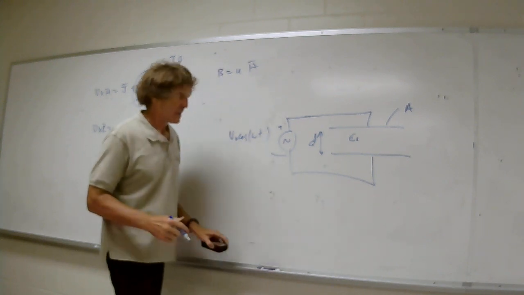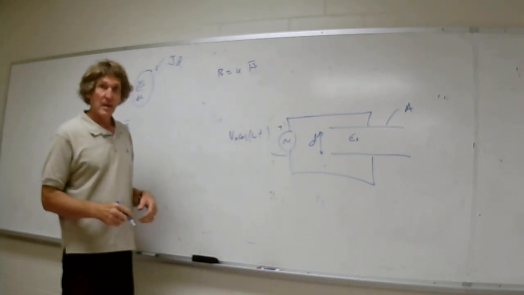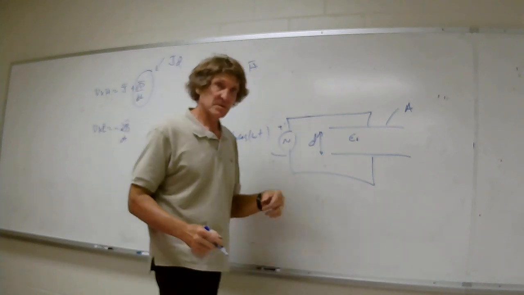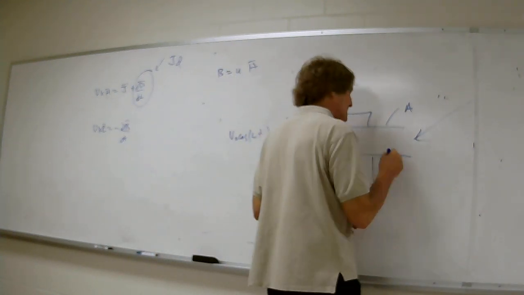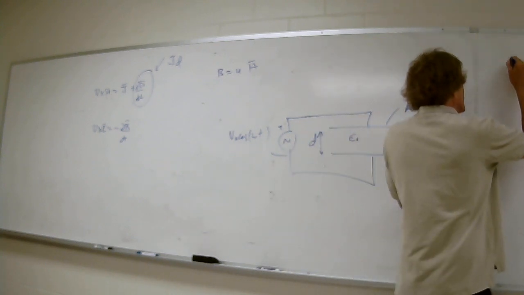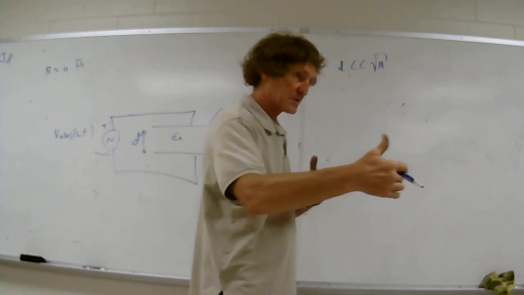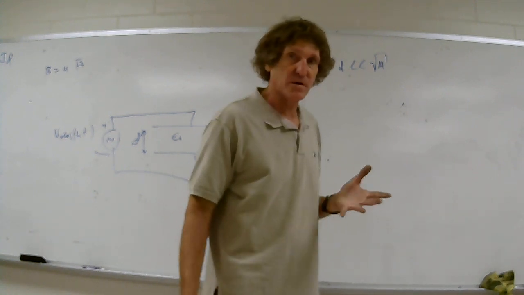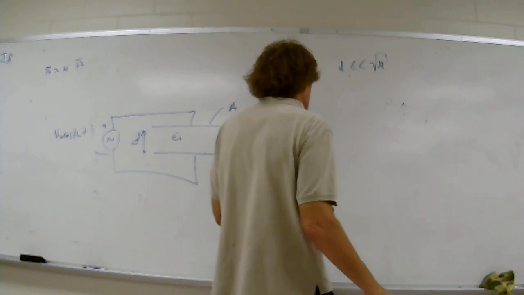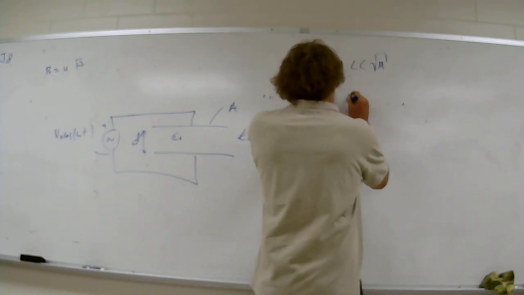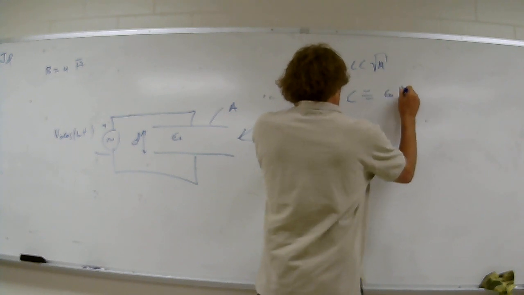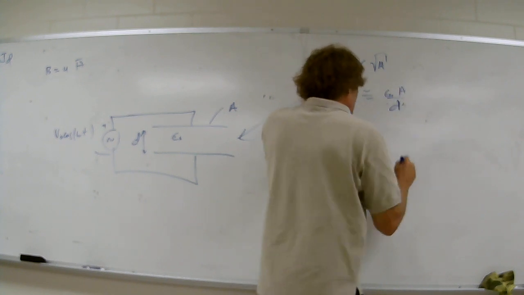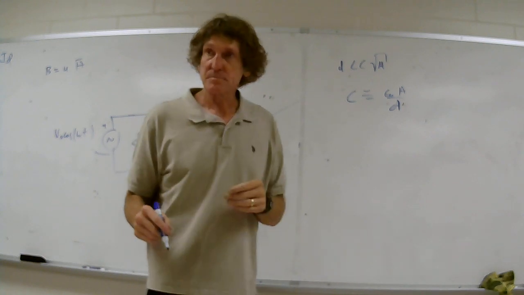You with me? Now, there's a capacitance that this thing has if it's parallel plate and this separation distance d is small, we're assuming d much less than the square root of area. Square root of area is proportional to the dimension of that plate if it's a square plate. So d is very close. That means the capacitance of this thing is about epsilon naught times area divided by d. Go with me?